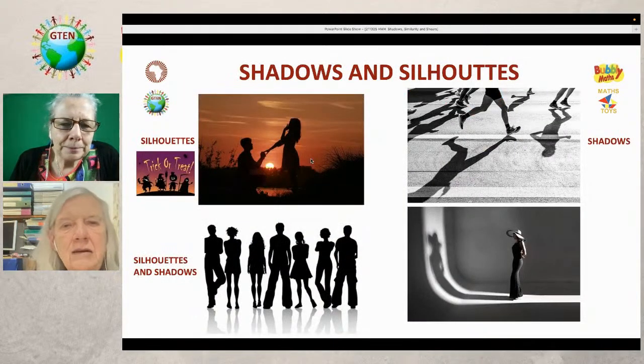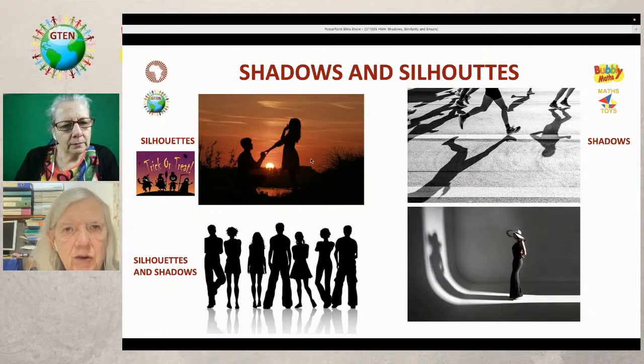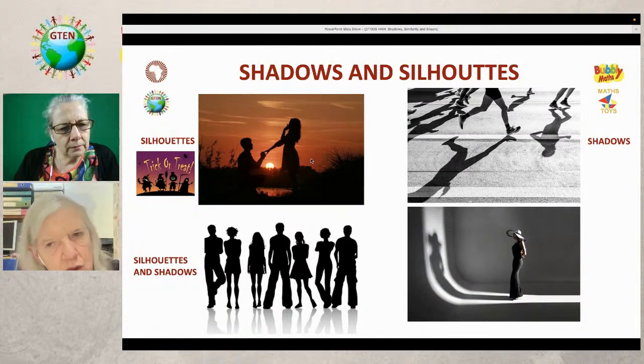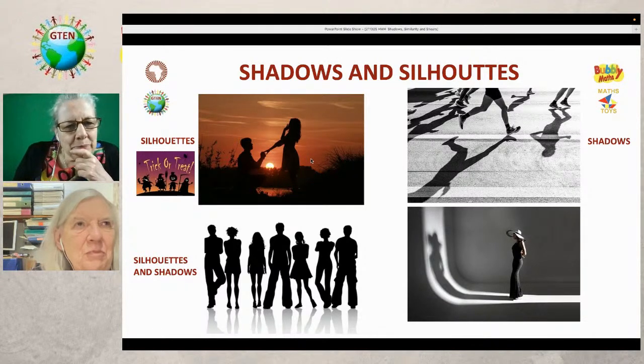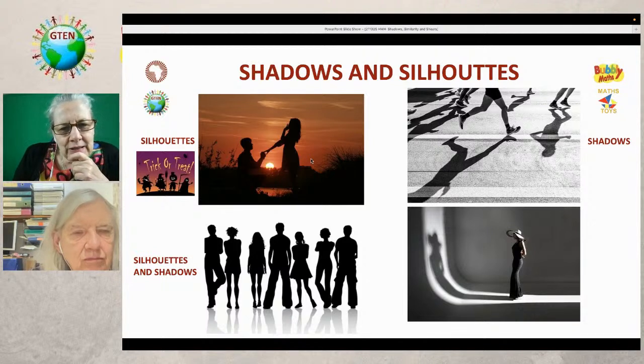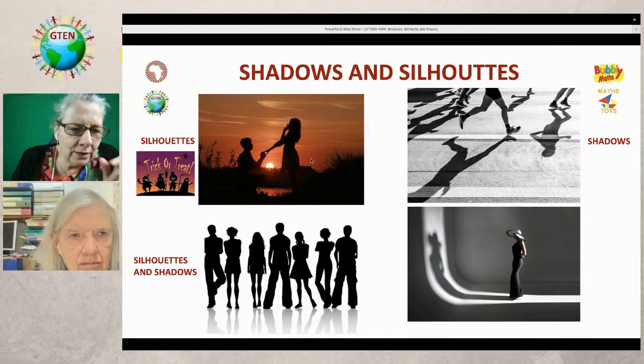Now then, we need to be clear about the difference between shadows and silhouettes. So, Caroline, what about this difference here? Right. I can see 3 pictures, 2 with very clear silhouettes.